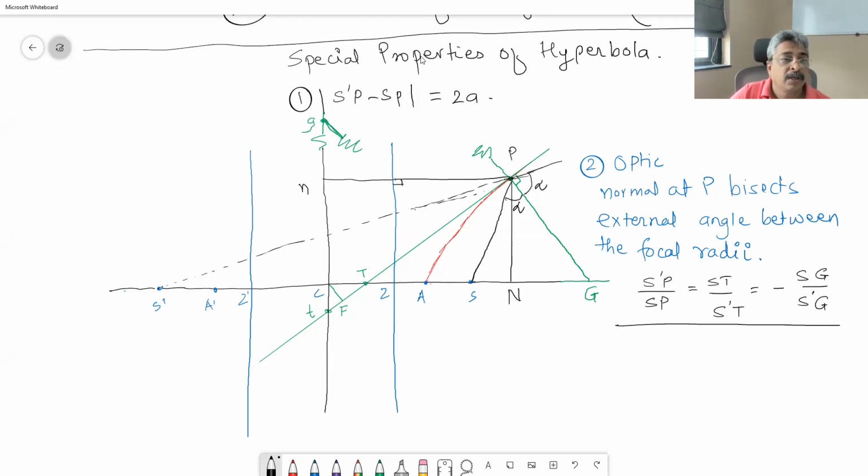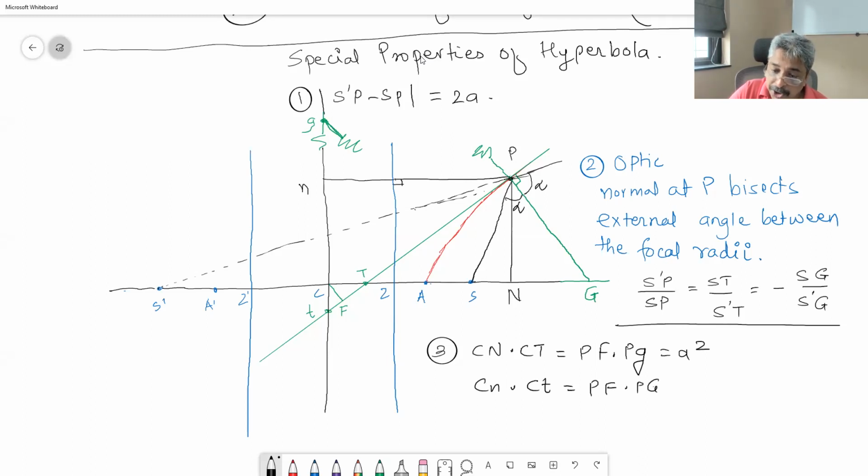Coordinate geometrically, you can do it very easily. Third, I will write down the expressions. Maybe you can do it later. We will not spend time now. CN into CT is equal to PF into PG is equal to A square. CN into CT is equal to PF into PG is equal to B square.